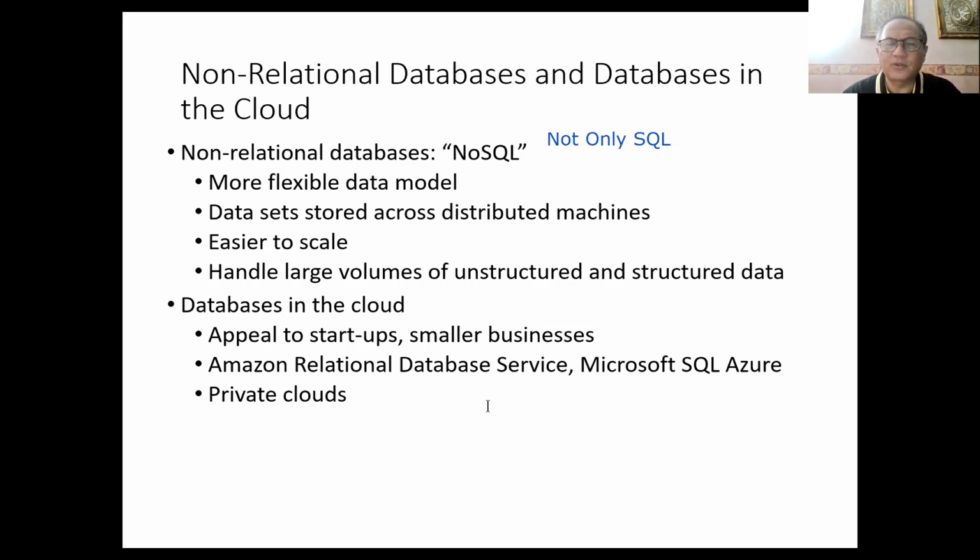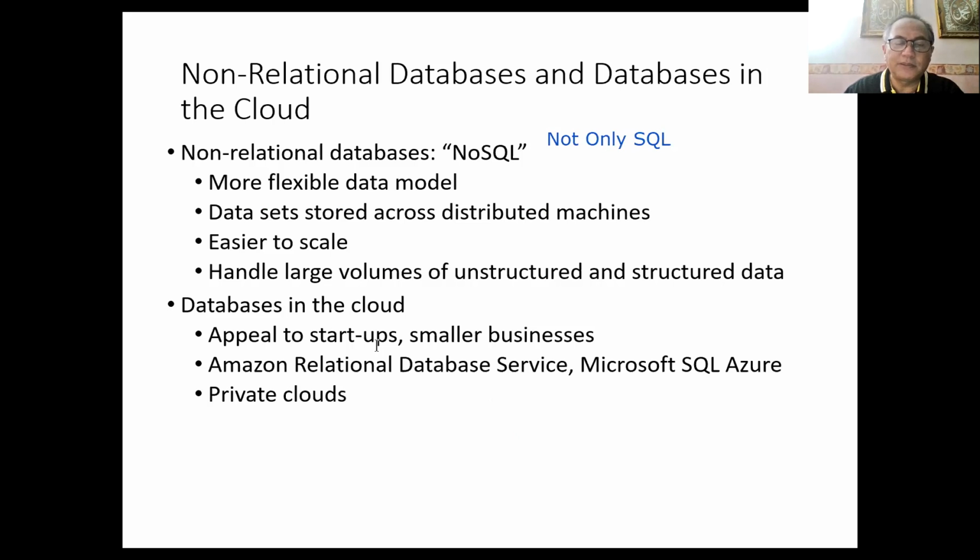The data are set across distributed machines. It can be hierarchical, easier to scale. It can handle large volumes of structured and also unstructured data. That is why it is being used for big data, because big data has more than 85% unstructured data.